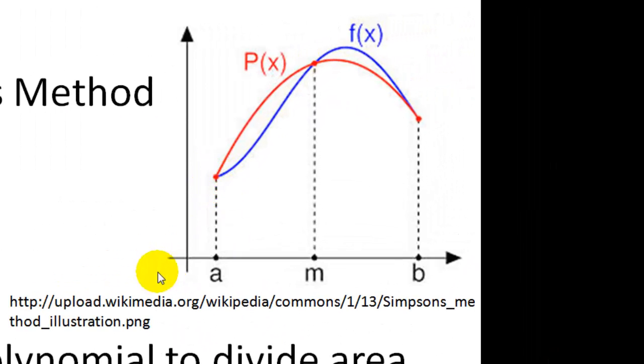For example, in this picture from Wikipedia, the blue shape is the function, and the red is the Simpson polynomial that approximates the function.